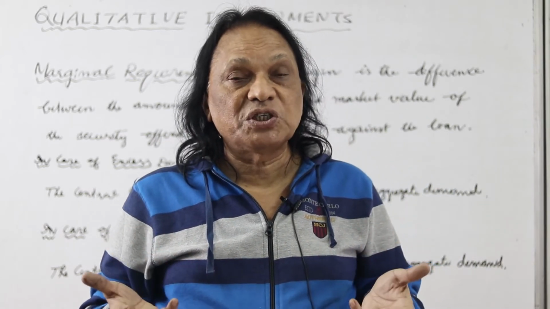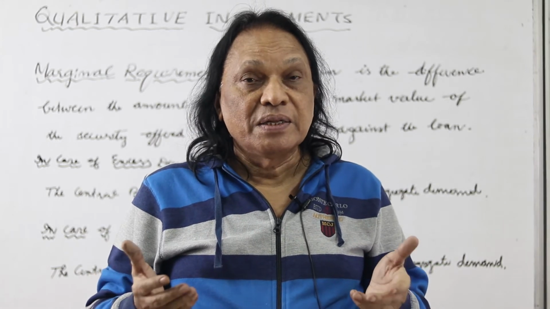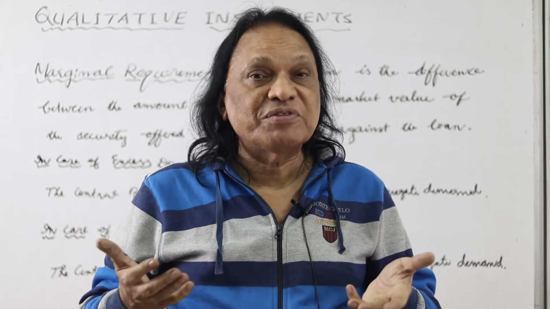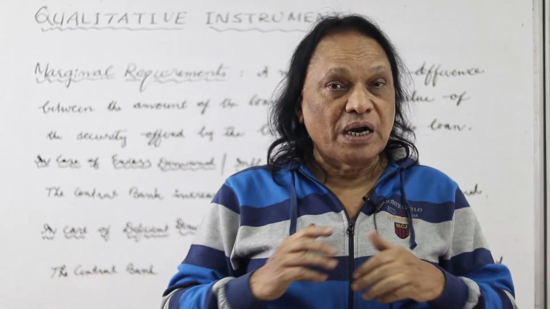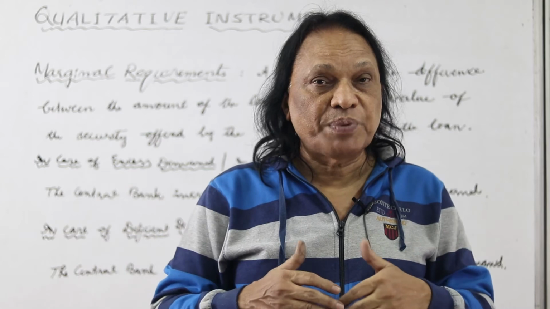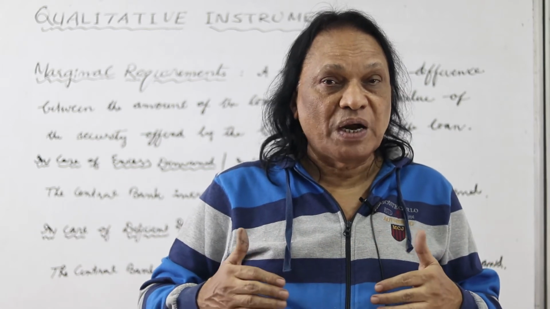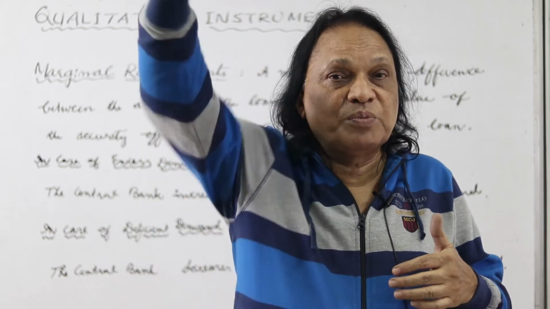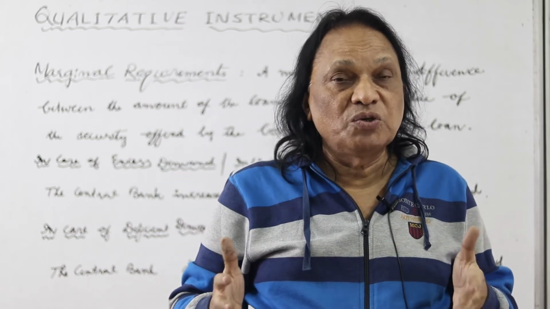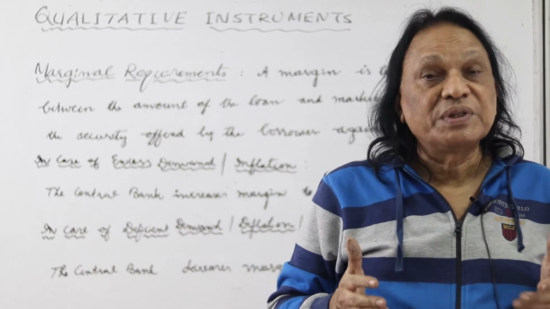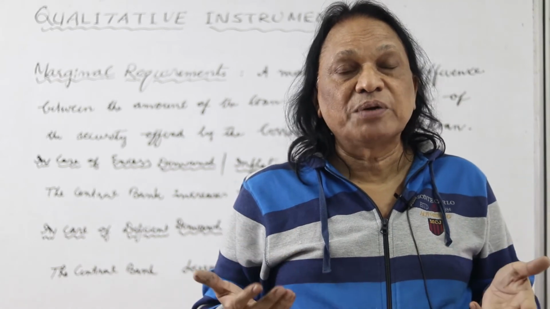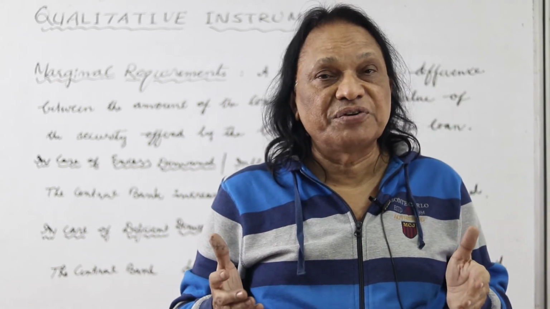The other way around, how does it help to control depression or recession in the economy, or when there is deficient demand or deflationary gap? The central bank wants to revive the economy, increase the output, increase the income of the people, increase employment level, and take the economy from underemployment equilibrium to full employment equilibrium. What do they do to the margin requirement? They decrease the margin requirement. When they decrease it, you'll be getting more money on your collateral security.